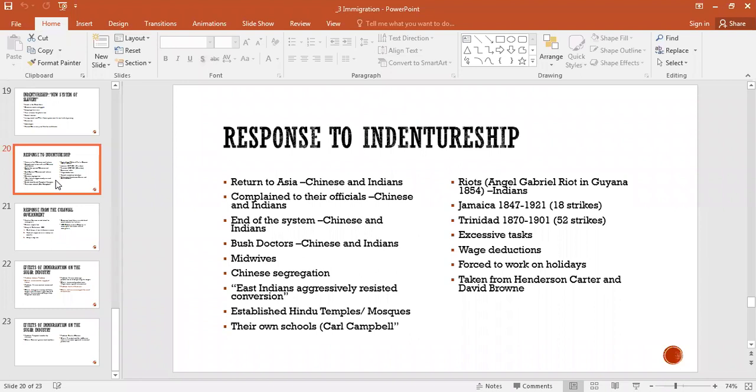Trinidad had 52 strikes. They're going to ask for their wages to increase, right? And for the workload to be reduced.